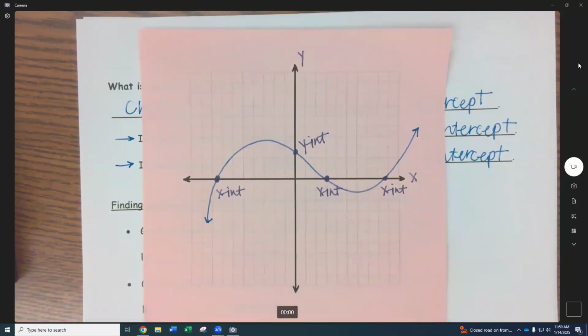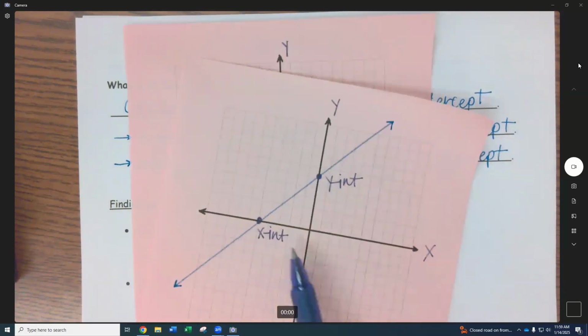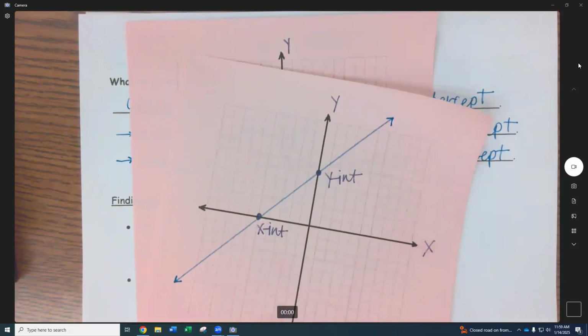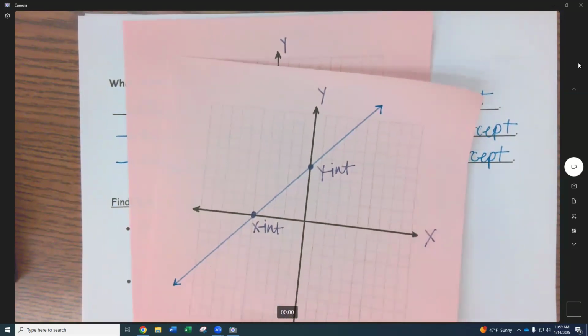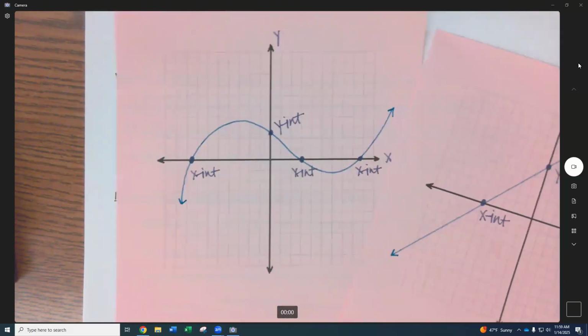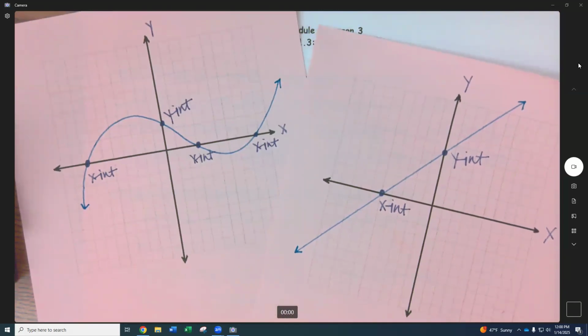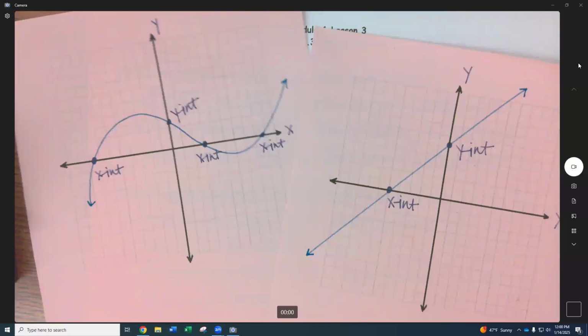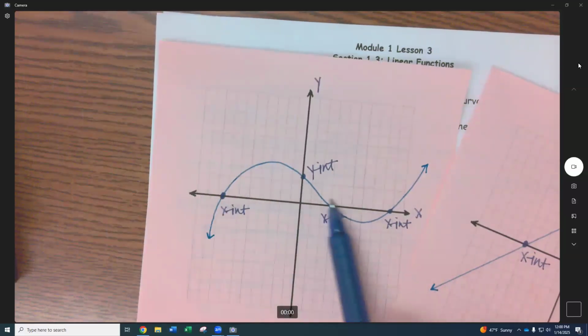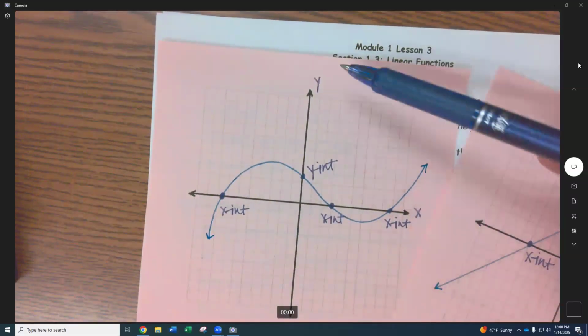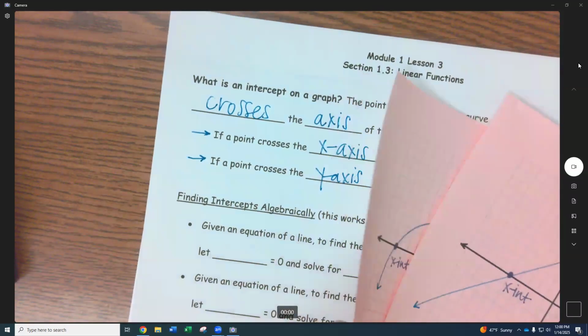Here's an example of 3. Before, here was an example of 1. We could have 2, we could have 4. There's not a number that it can't be, I guess. But we will only have one y. But what's the difference between them? Where is it crossing that x-axis, or x-intercepts? Where is it crossing the y, or the y-intercepts?